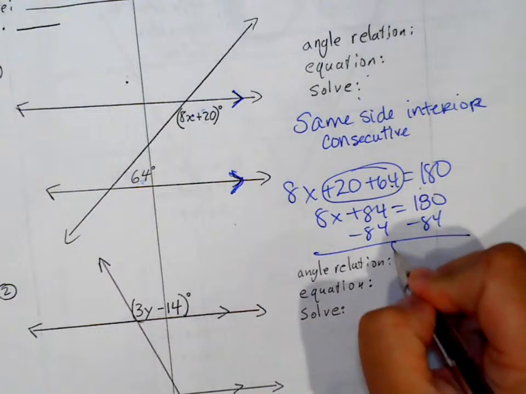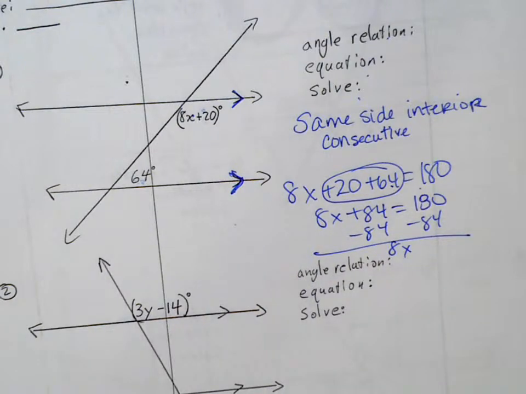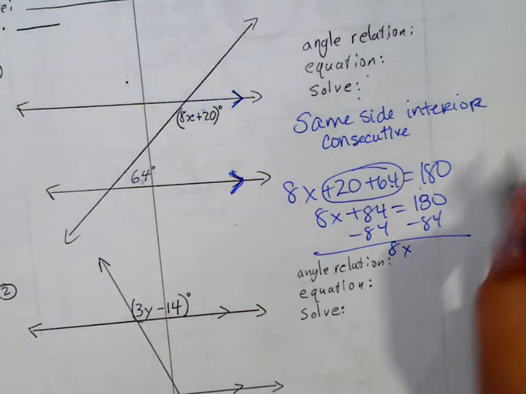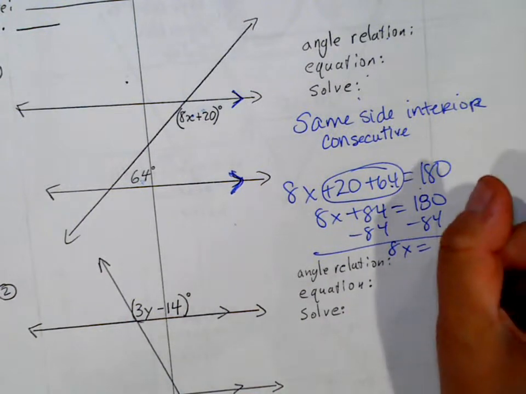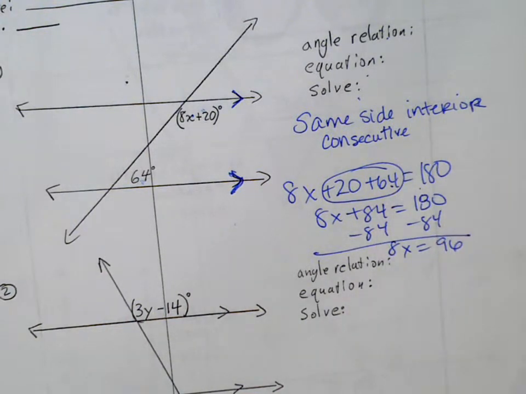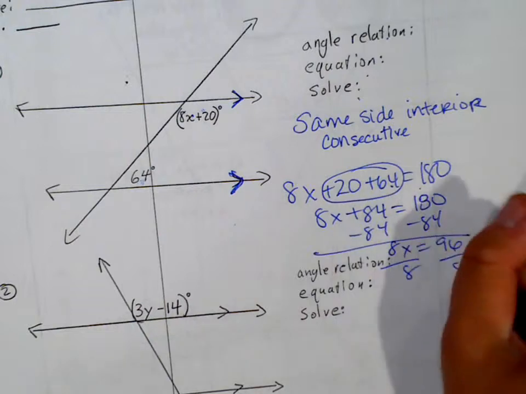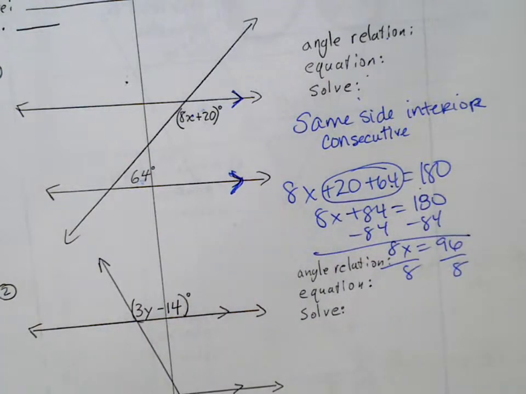Subtract 84 from both sides. You have 180 minus 84. I know a lot of you are taking out your calculators. Don't take out your calculators because you can't have calculators on the test. 96. Divide both sides by 8. And then you're going to get x equals 12.